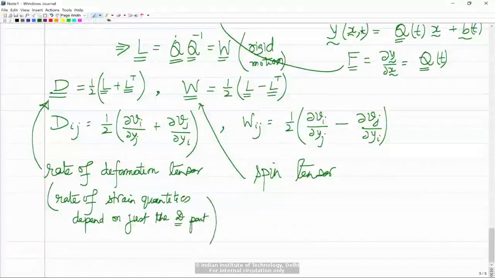And that is why this D is missing from rigid body motion. In rigid body motion, L is antisymmetric, and so D is 0. That's because when you have rigid body motion, the strains are all 0. And you just have the W part in rigid body motion.